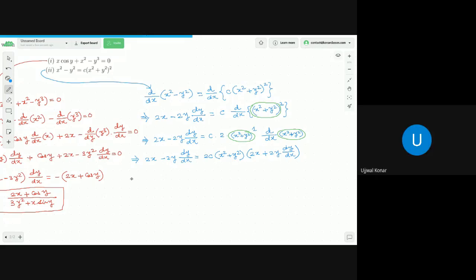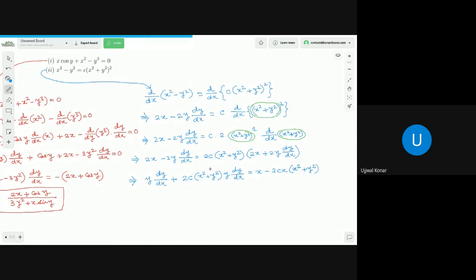So we'll get something like this: y dy/dx plus 2c into x square plus y square into y dy/dx is equal to x minus 2cx into x square plus y square.